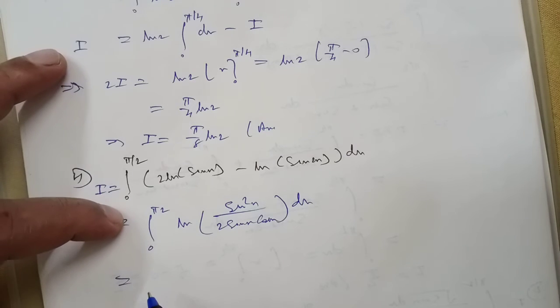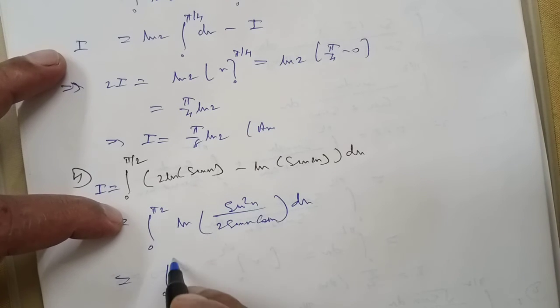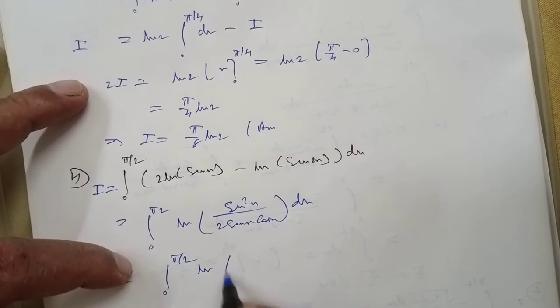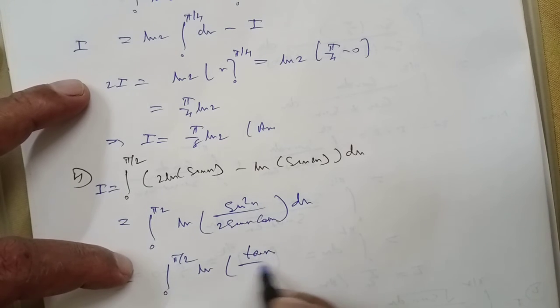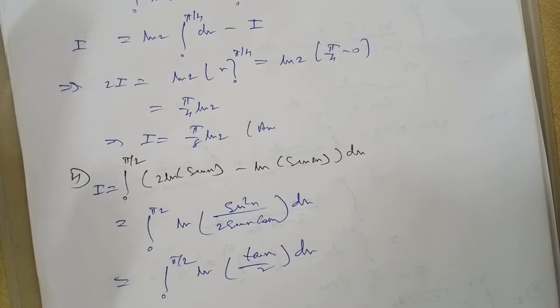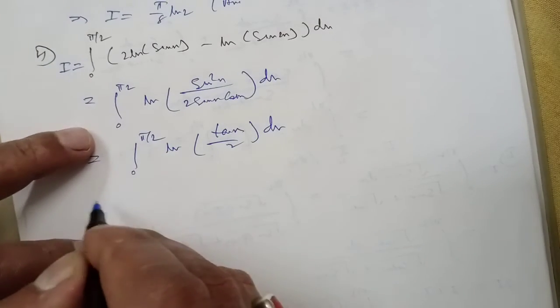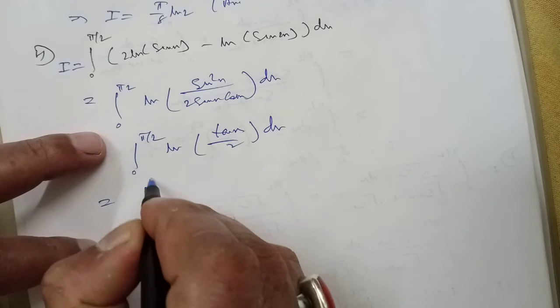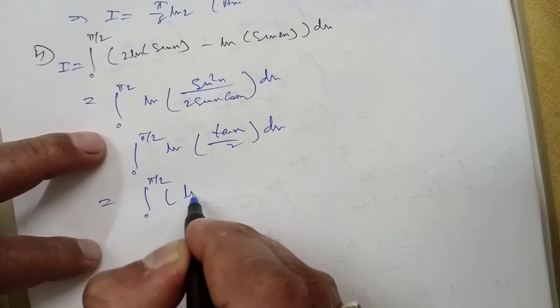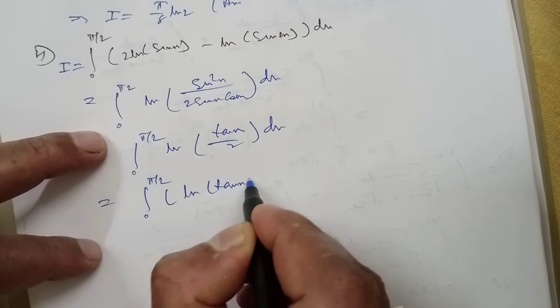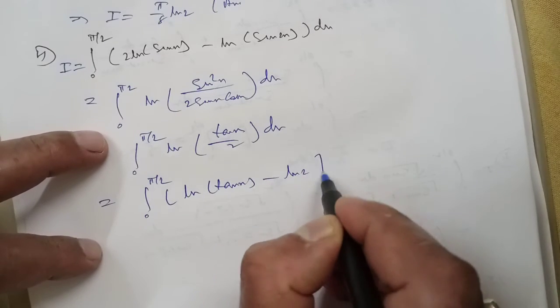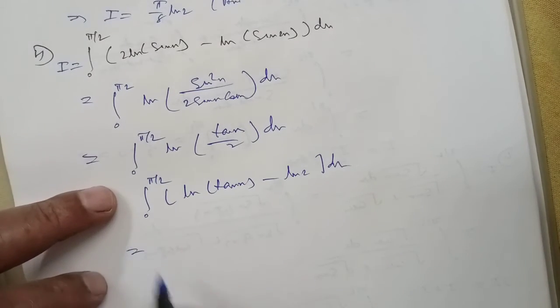So you get integration 0 to pi by 2 of ln of tan x by 2 dx. Okay, now you can write it as integration 0 to pi by 2 of ln of tan x minus ln 2 dx.